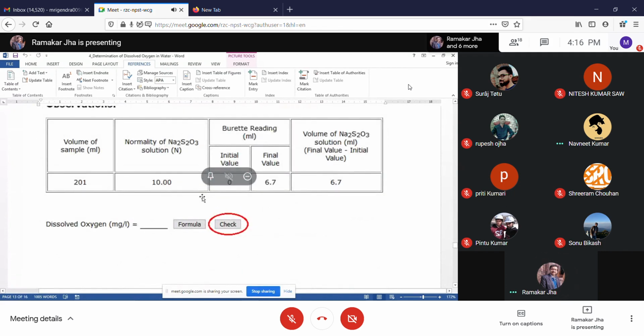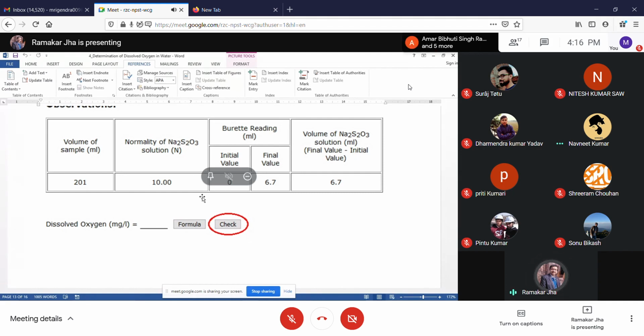Now come to this observation table. This observation table is saying that the normality of sodium thiosulfate solution is 10. How did we get it? We got it when we did the normality test of sodium thiosulfate with the potassium iodide, potassium dichromate, and so many other chemicals. We found out the normality of sodium thiosulfate, and each time you can do it in the laboratory itself.